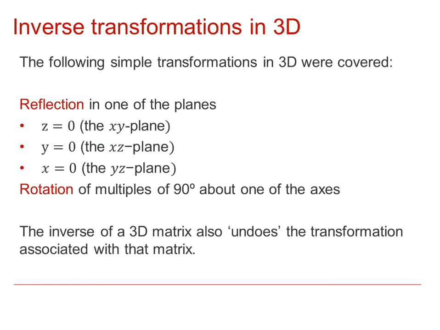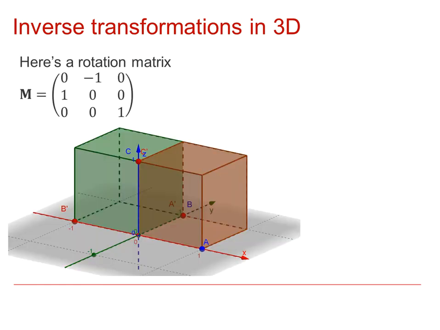In 3 dimensions, things are not really any different: the inverses of reflections are going to be reflections, the inverses of rotations are rotations, and the inverse transformations undo whatever the transformation has done. Here's a rotation matrix in 3 dimensions. You could check with the calculator that the determinant of this is equal to +1, which is what we'd expect for a rotation.